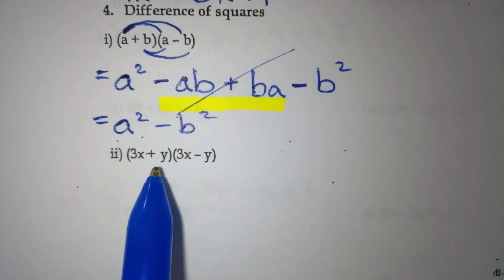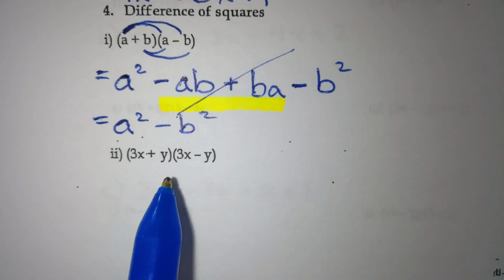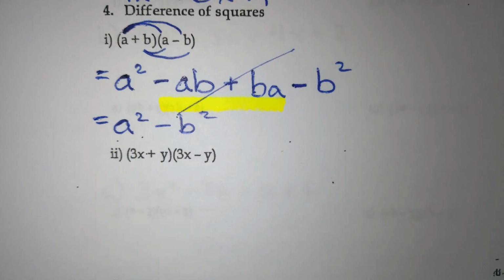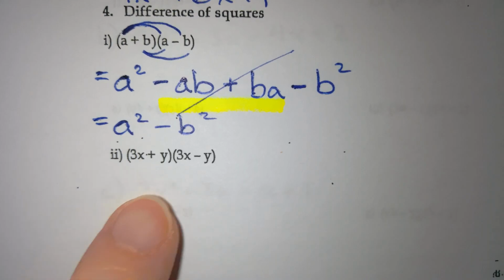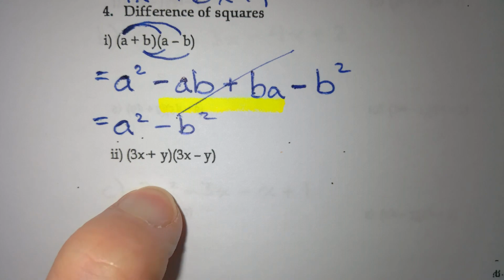So looking at this, is this a difference of square? Okay, who says yes, this is a difference of square? Who says no, this is not a difference of square? Okay, I have 4 people in class. Let's ask again.